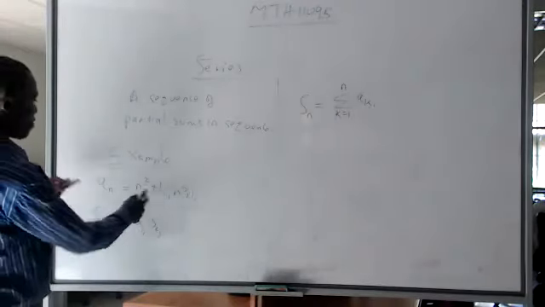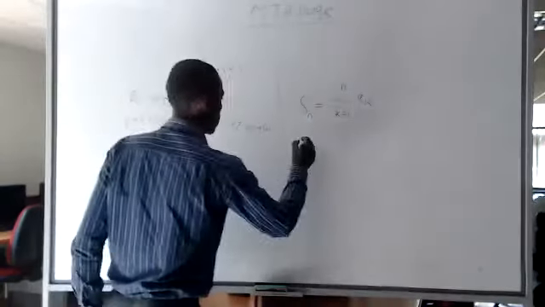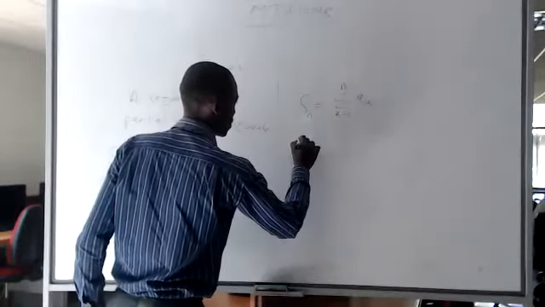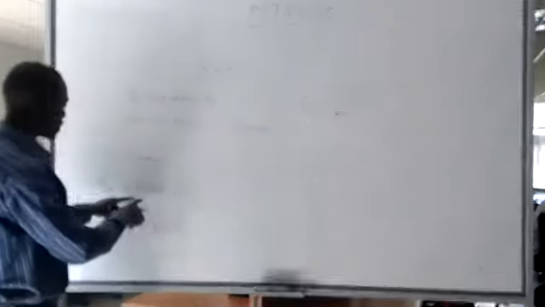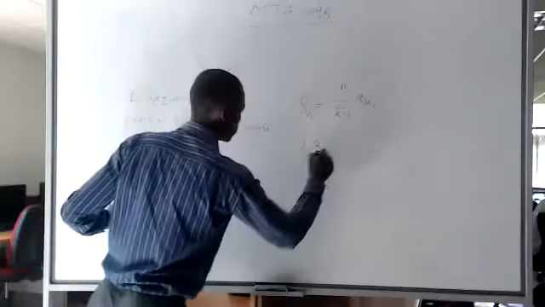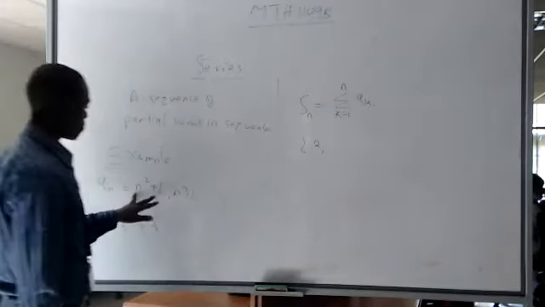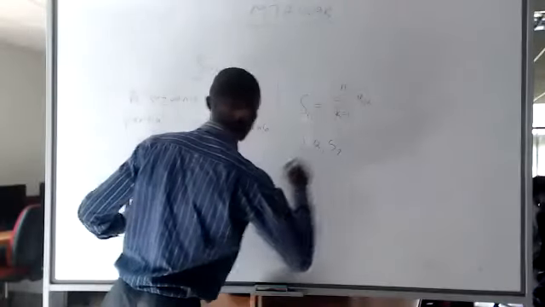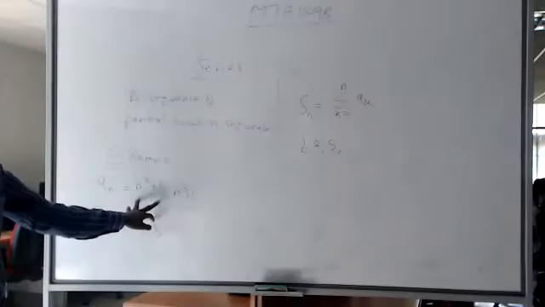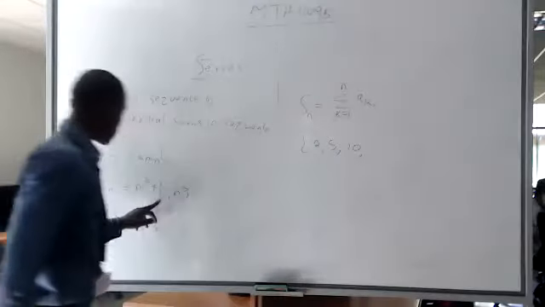So like in this example, let's compute a few terms of the sequence. The first term at n is 1: 1 squared plus 1, that is 2. At n is 2, 2 squared plus 1, so 4 plus 1, that is 5. At n is 3, 3 squared plus 1 gives you 10.